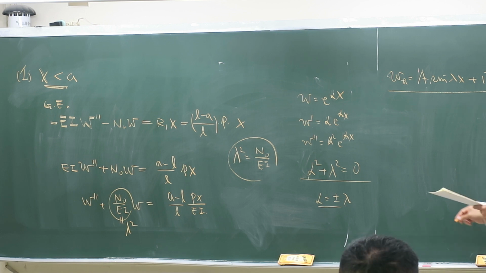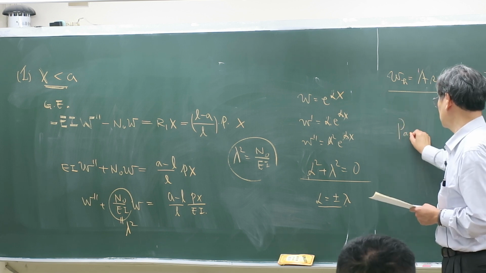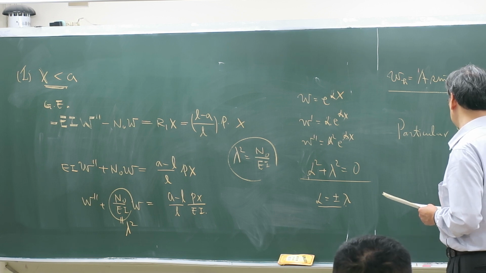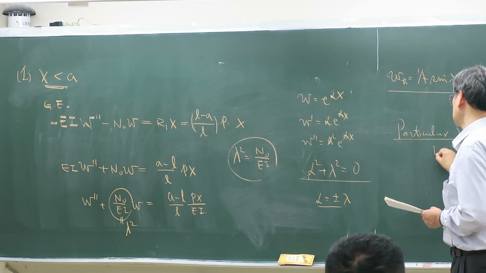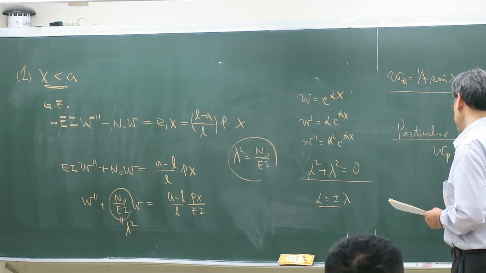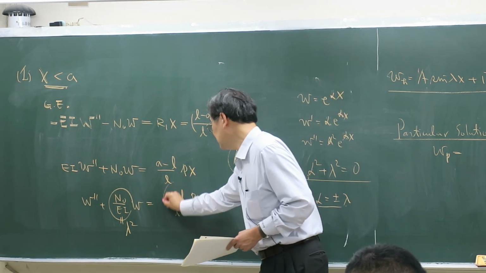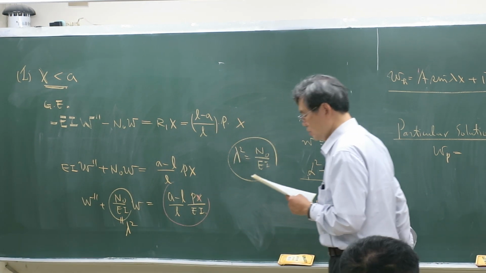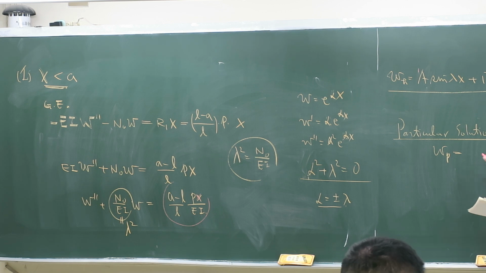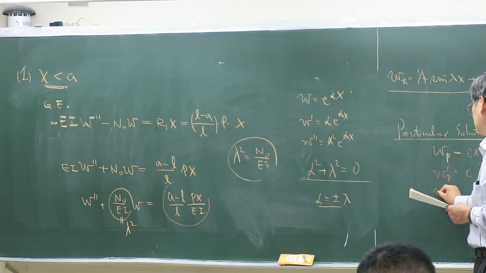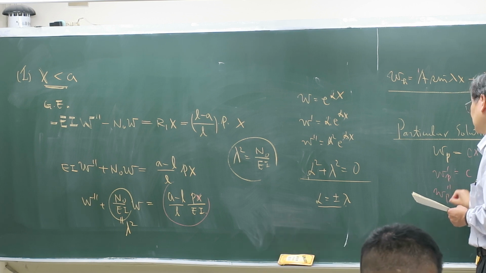Then the particular solution. We assume it looks like the polynomial here, x, so we try Cx plus D. Okay, Cx plus D, and WP prime equal to C, WP double prime equal to 0.